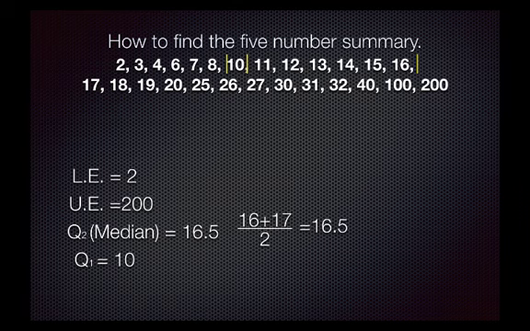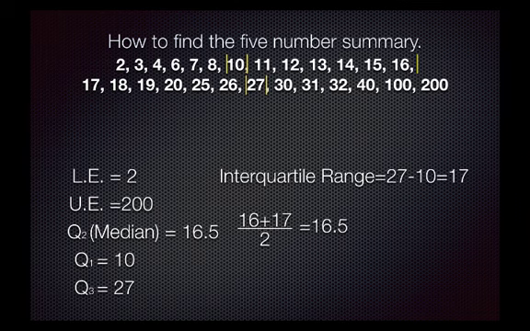So if you go to the left side of the median and find the middle number on that side, that gives your first quartile. Same thing with the third quartile. I came up with 27. We go to the right side of the median, right there. And last but not least, we can calculate the interquartile range, which is 27 minus 10, which equals 17.